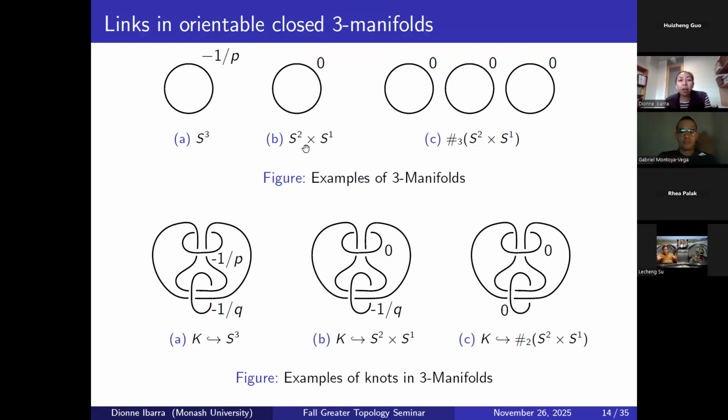For S2 cross S1, that is Dehn surgery along the unknot with 0 surgery, or 0 over some q. Actually, you would want to do 0 over 1, I believe, which is the easiest one. Now let's say we want to do connected sums. To describe this using a diagram, that is just disjoint unions of unknots with a 0 surgery coefficient.